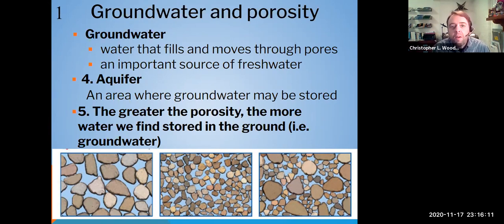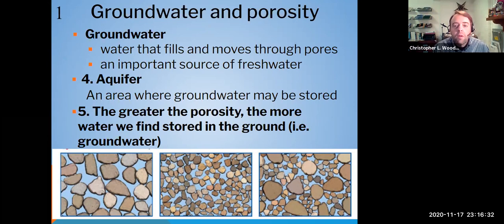That's partly because it's been filtered by the rock and material down below us, so that by the time we get it from the ground through a well and a pump, it's very clean. Groundwater is water that fills and moves through those open porous spaces in the ground.